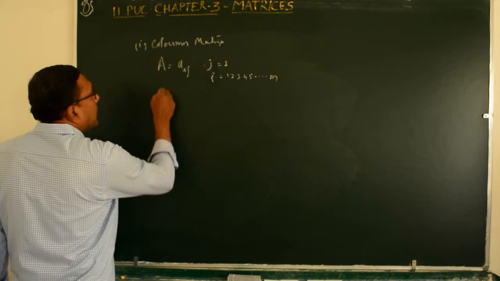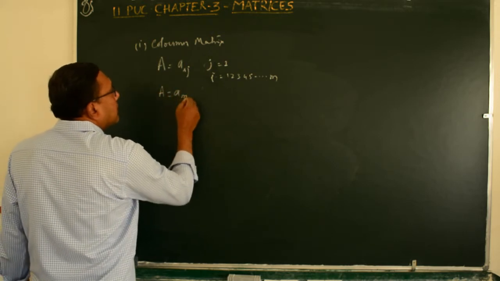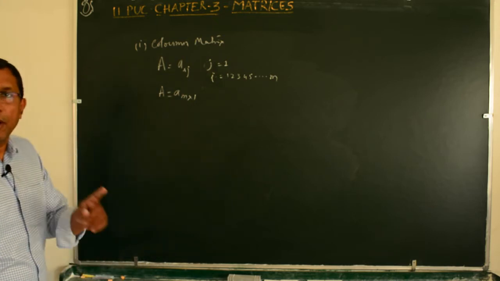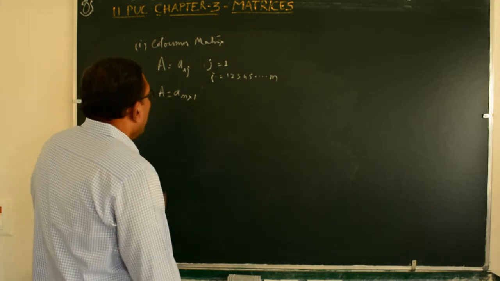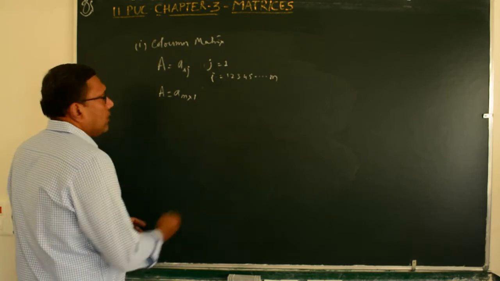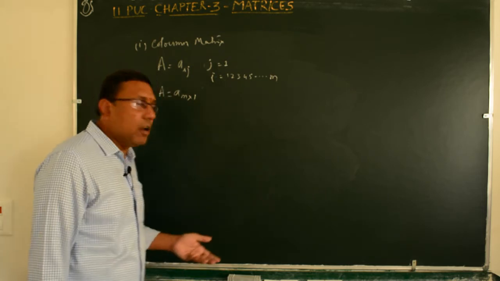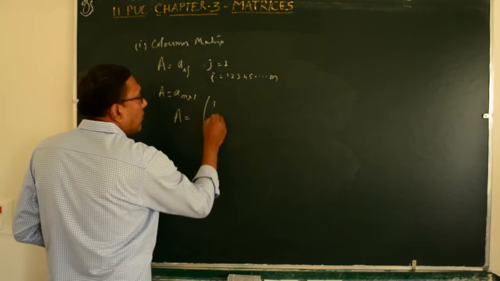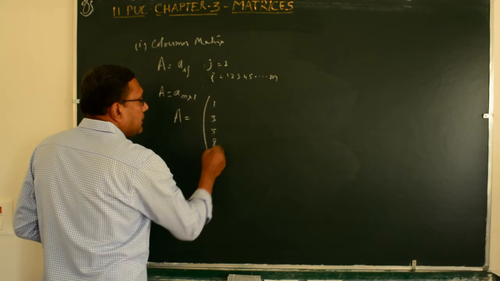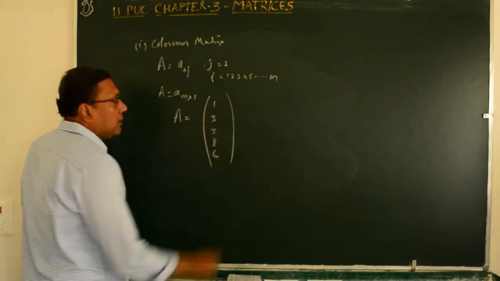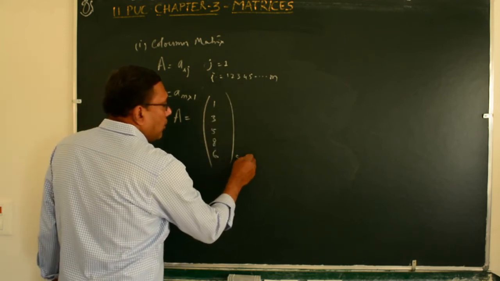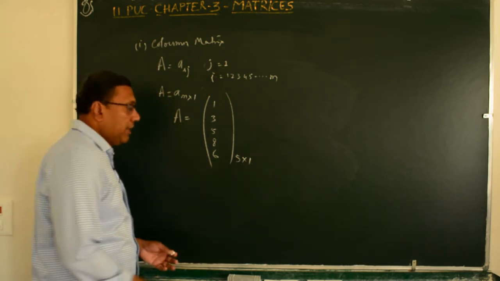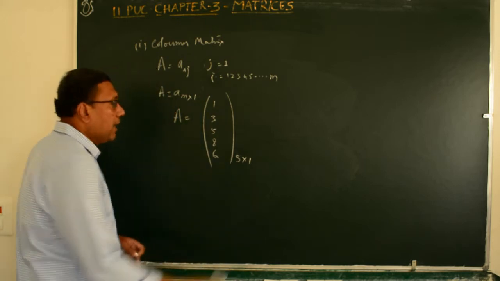Therefore, a column matrix is of order m cross 1, so only one column. For example, a column matrix could be 1, 3, 5, 8, 6, which has 5 rows and 1 column. This is how we define the column matrix.